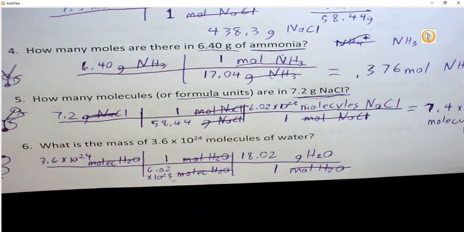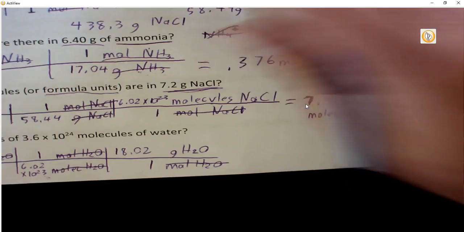We have 3.6 times 10 to the 24th times 18.02 divided by 6.02 times 10 to the 23rd.